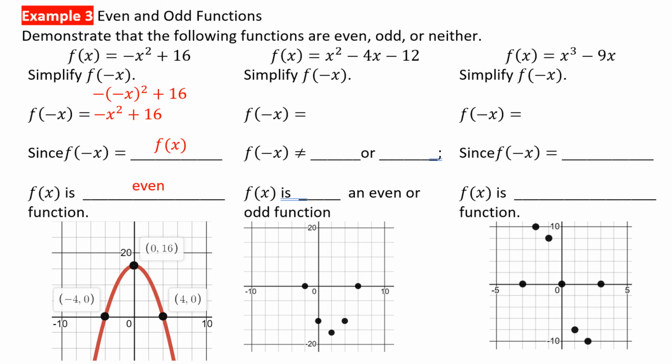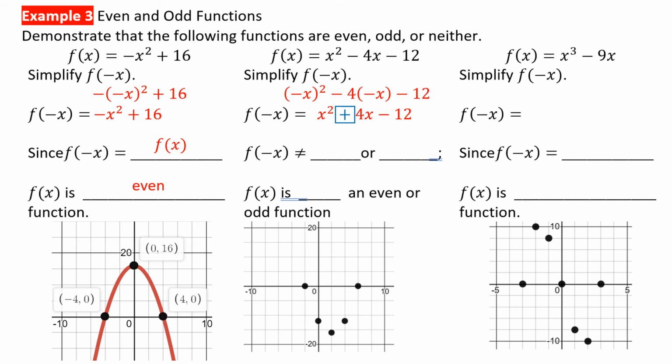In our center column, we have x squared minus 4x minus 12, and again, wherever we see x, we're going to plug in a negative x. When we do so, the negative x squared comes out to being positive again, but the negative 4 times negative x becomes a positive 4x, and there's still the minus 12.